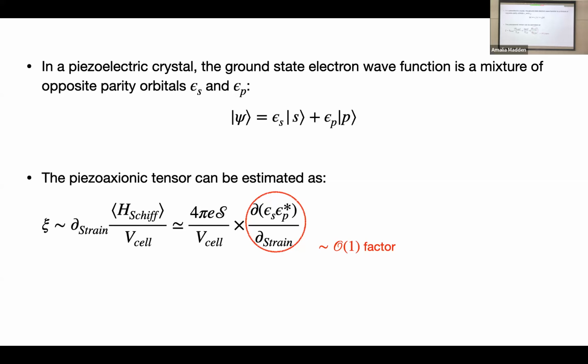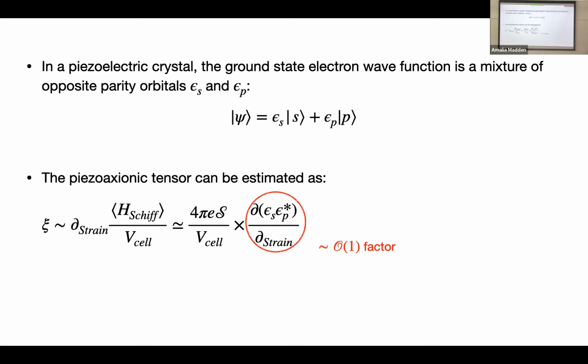Usually, if time reversal is preserved, then a mixture of s and p occurs via an imaginary i. I need to think about that more carefully, Maxime. Yeah, I should have written a complex conjugate here. You're right. When I did the calculation, indeed, you need to have some properties under complex conjugate.